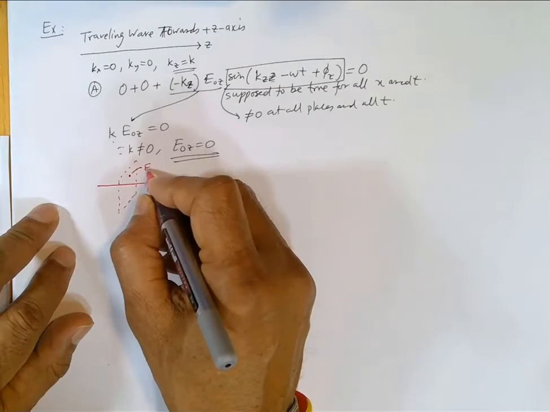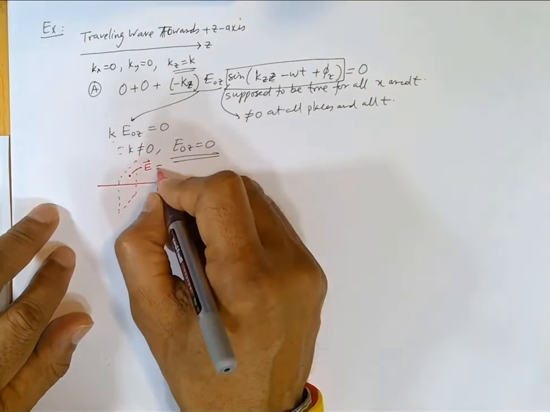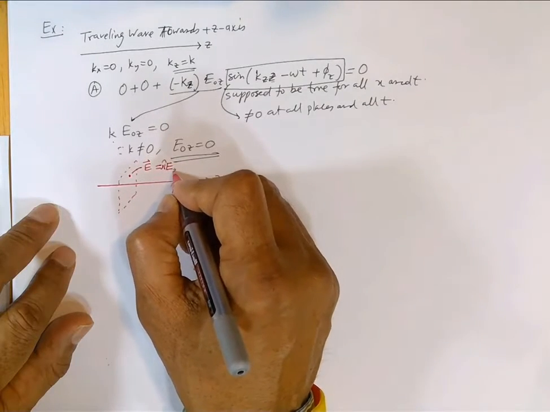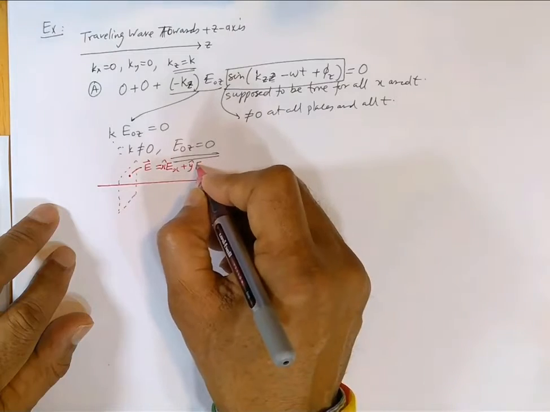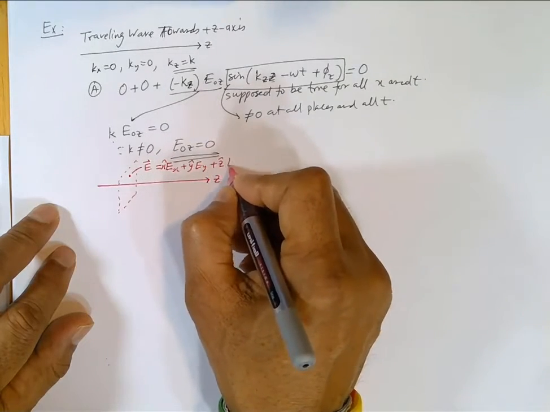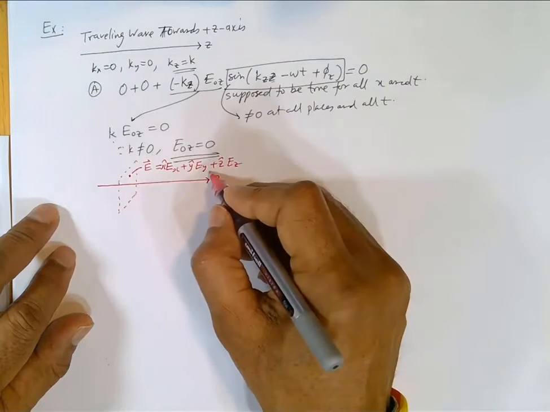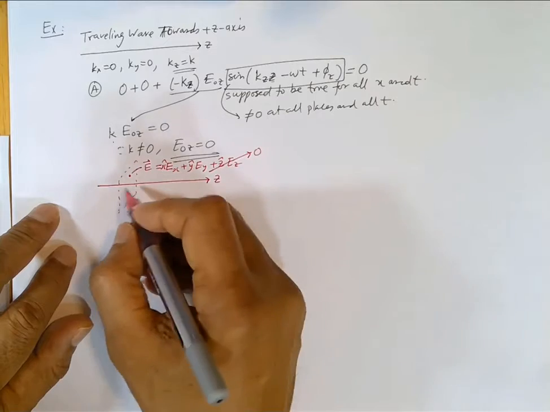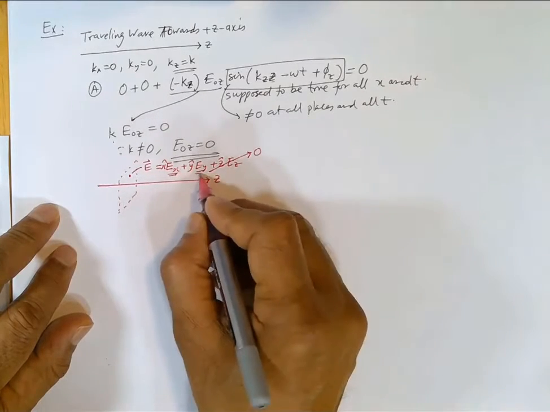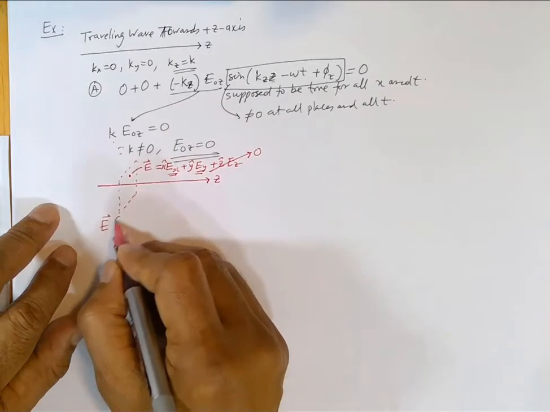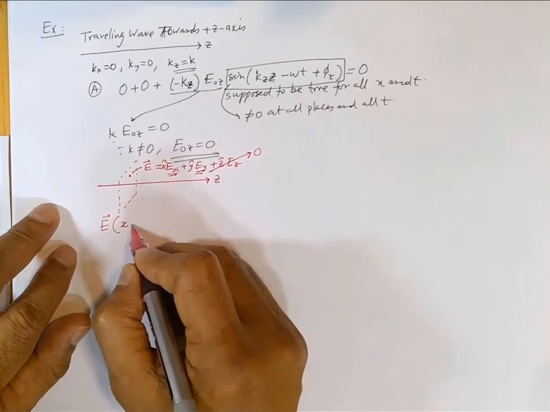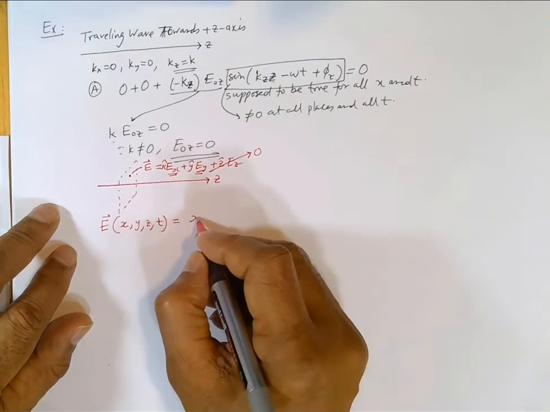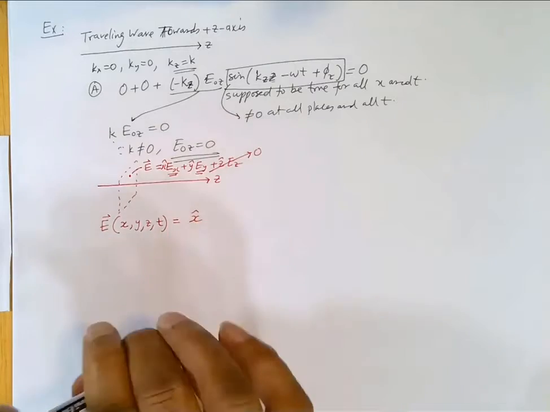So this electric field here, which is equal to x hat Ex plus y hat Ey plus z hat Ez, this last part is not there, okay? So electric field can only have x component or y component. So like E of x, y, z, t, if you look at the wave, it's going to be made up of only 2 waves, not 3 waves.